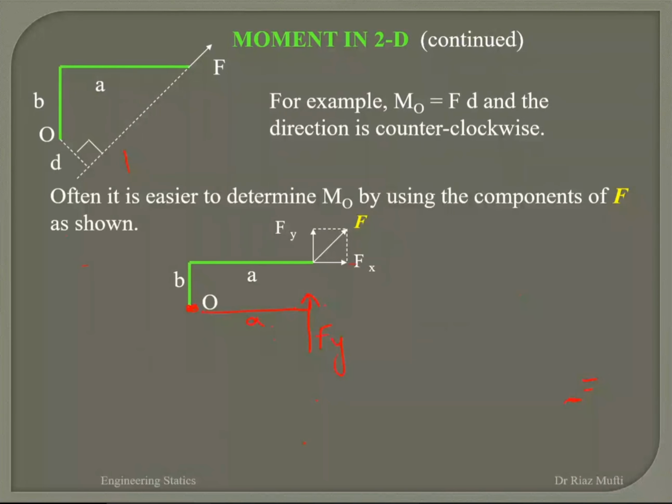And this is my distance a. Now if I'm applying Fy force, the tendency to rotate at point O is in the anti-clockwise direction. So that's how we basically figure out the direction of rotation. Is that clear? Yes, sir. Thank you. Okay, let's move on.